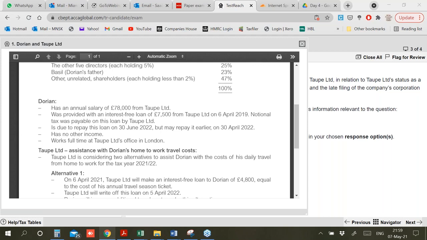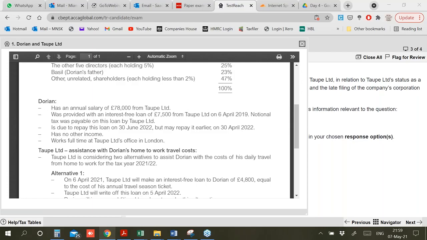However, if the company writes off the loan, HMRC will keep that security they have taken from you, the 32.5%, which is exactly the high rate of dividend tax, because you have written off the director's loan. So we will treat it as a dividend and we'll keep this tax. That is why you call it notional tax.